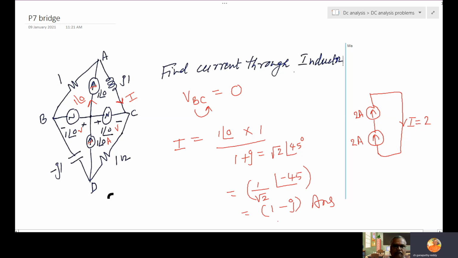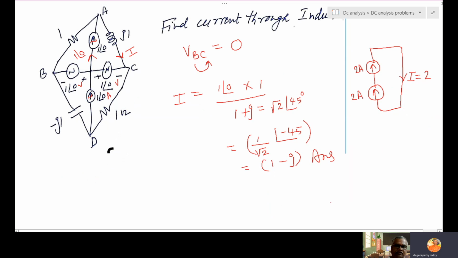You can also solve in another way. What is the other way? j1 into minus j is equal to 1 into 1. Minus j into minus j times j is 1, so the bridge is balanced.